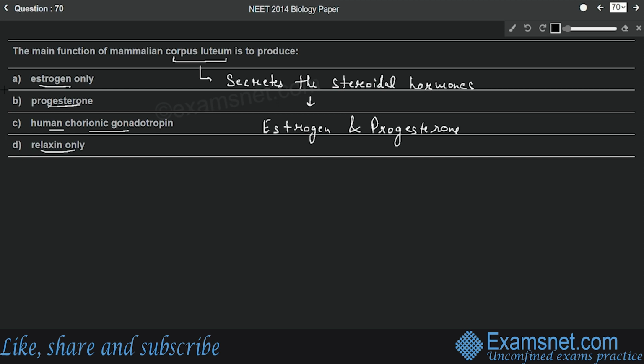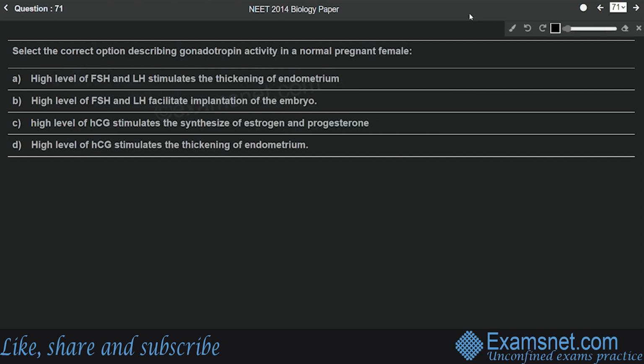Now both are mentioned in the options, but with estrogen only the word 'only' is used, which is not correct because only estrogen is not produced. Estrogen and progesterone both are produced. So option B, progesterone, will be the correct answer.